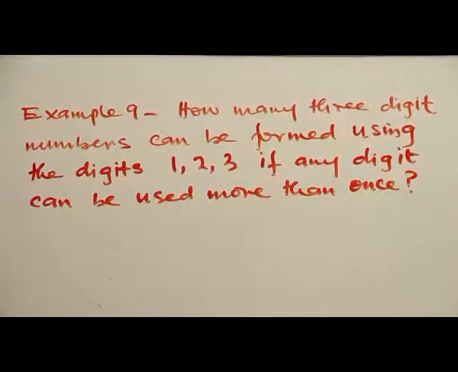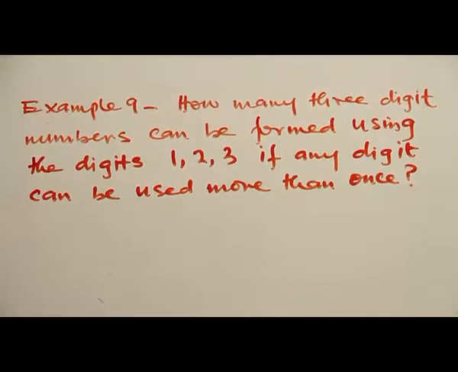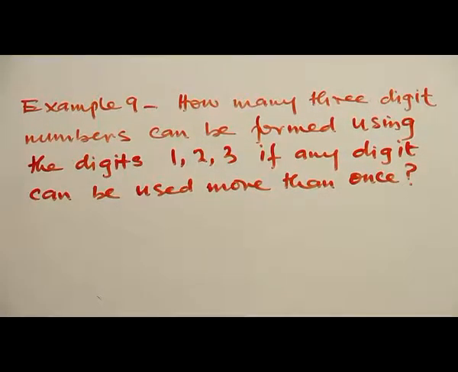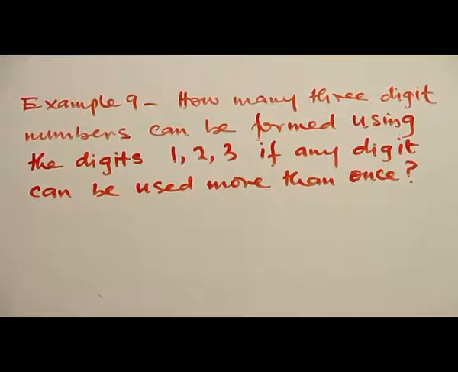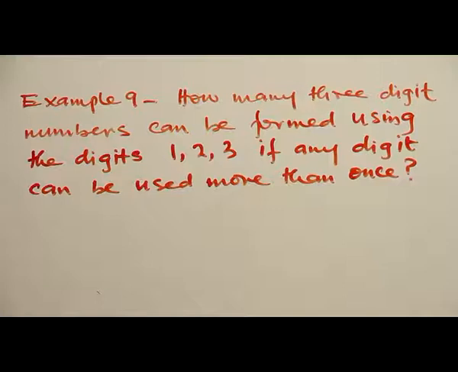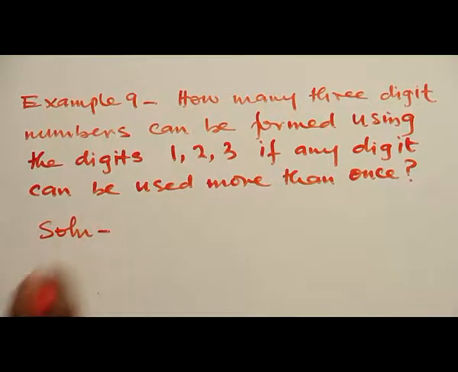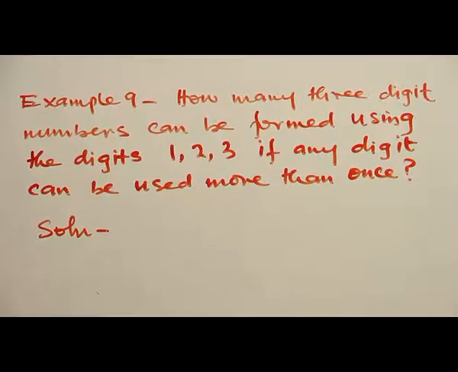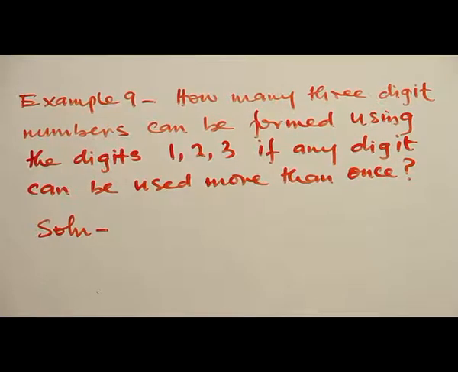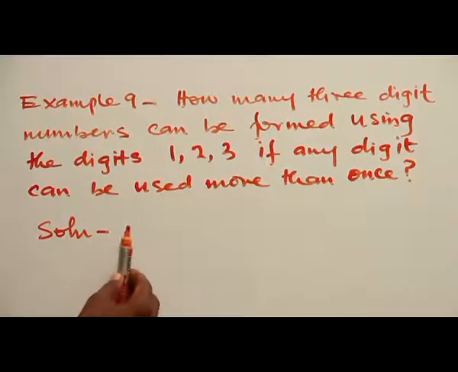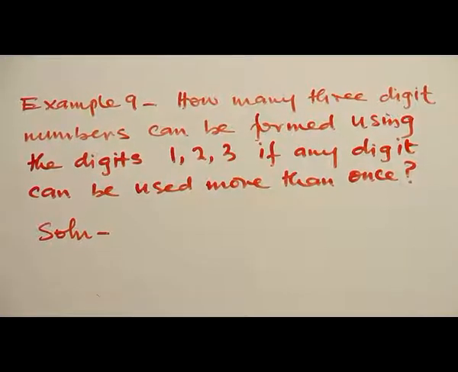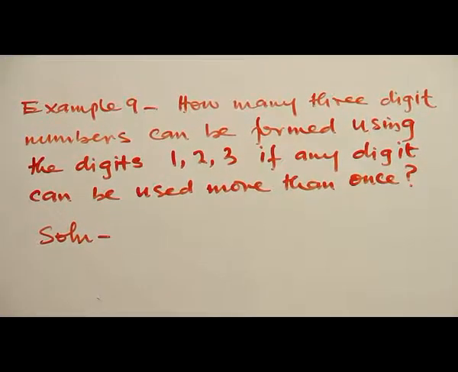Example number 9. How many 3-digit numbers can be formed using the digits 1, 2, 3 if any digit can be used more than once? Solution. Let me explain this. There is a formula for calculating the number of ways of carrying out an operation if the repetition is allowed.